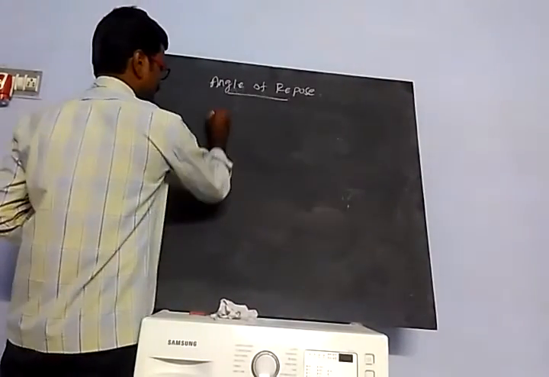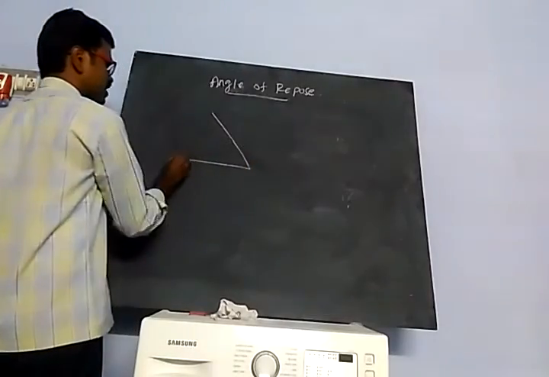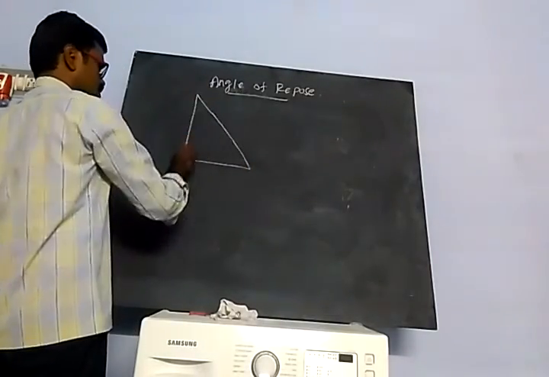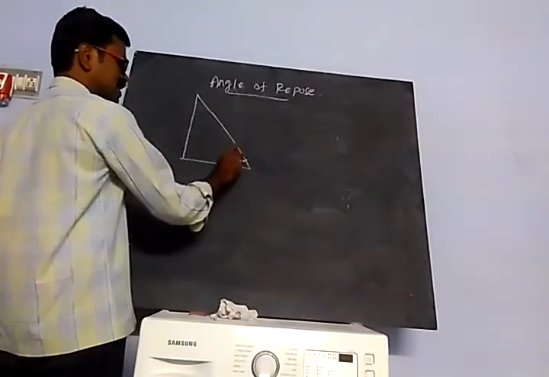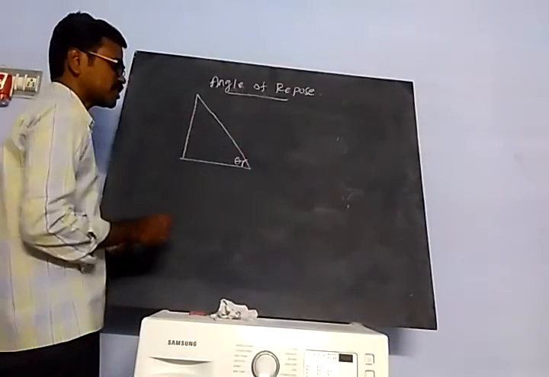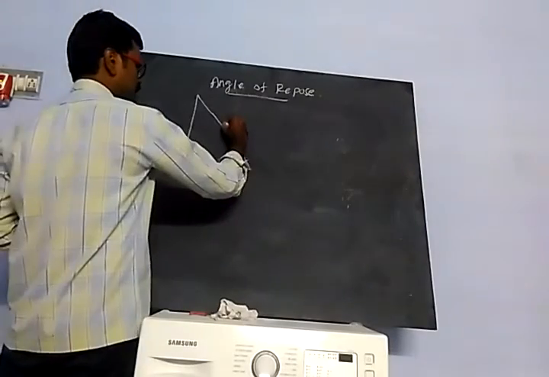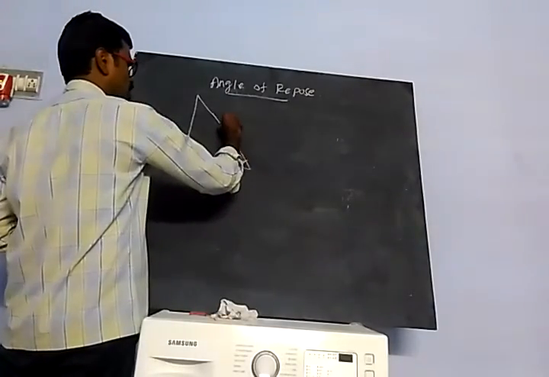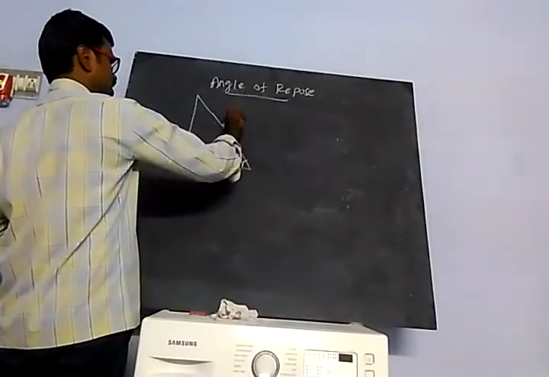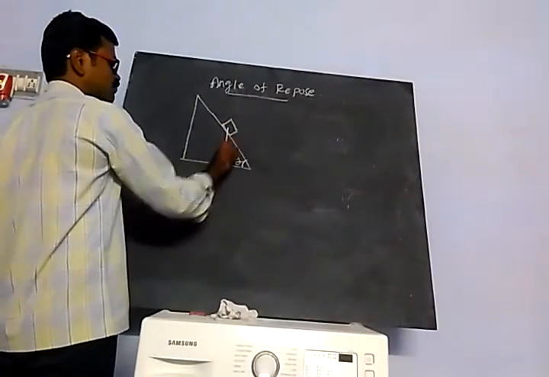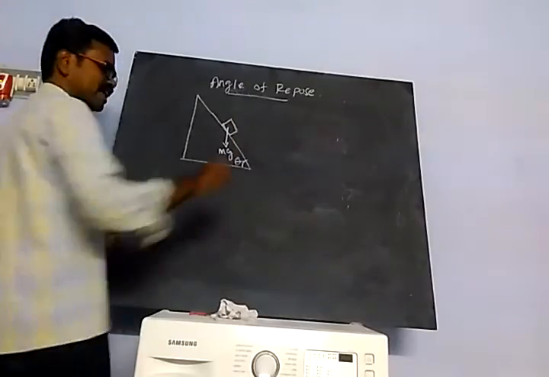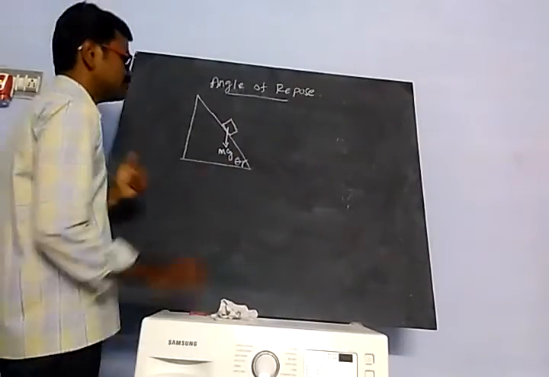Now consider this one inclined surface. It makes an angle theta. This theta represents the angle of repose. Consider this one object. What forces are acting on this object? First, the gravitational force, acting in the downward direction, mg.